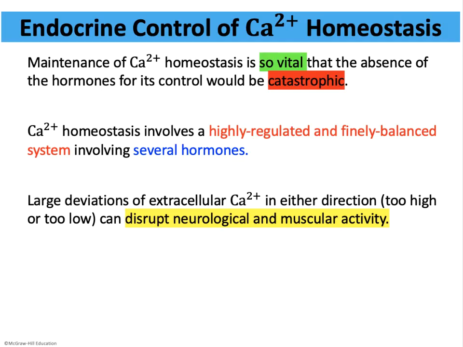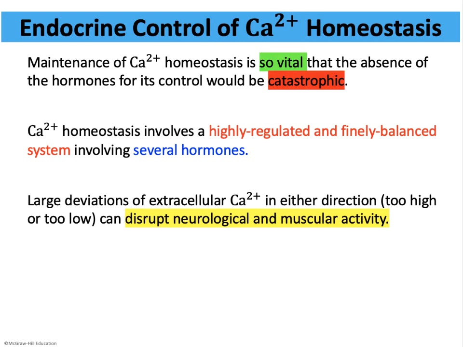Let's move on to the regulation of a very important mineral, calcium, in the body. We have learned from other chapters that calcium is a very important second messenger. Calcium is also important in muscular contraction. Calcium is also important in nerve function.